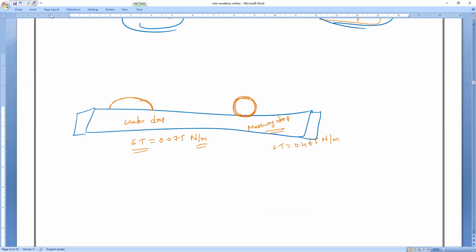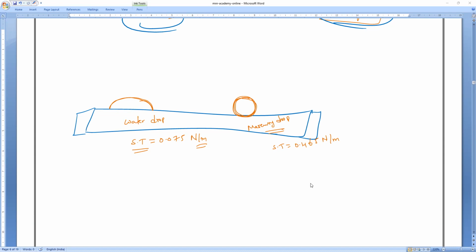So now tell me, is the surface tension of water greater or the surface tension of mercury greater? Anybody? Everyone? 0.075 and 0.465.